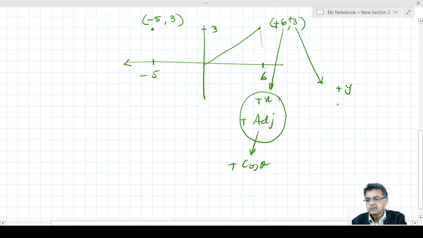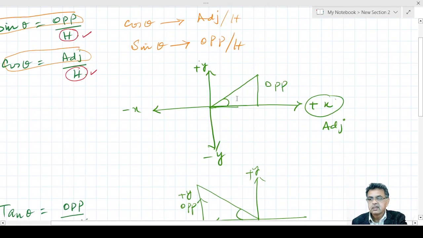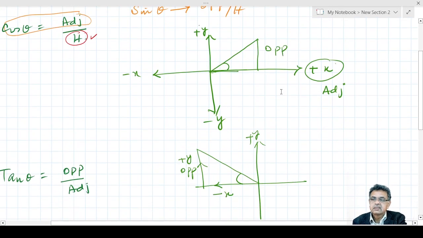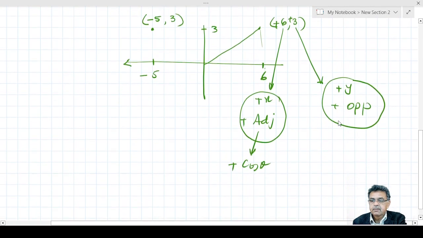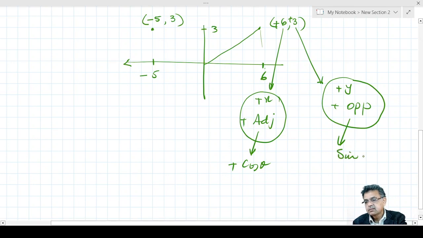If y is positive, that means opposite is positive, because we have just discussed that y will always be opposite to this angle. Since sin theta is opposite over hypotenuse, if y is positive, sin theta is positive.